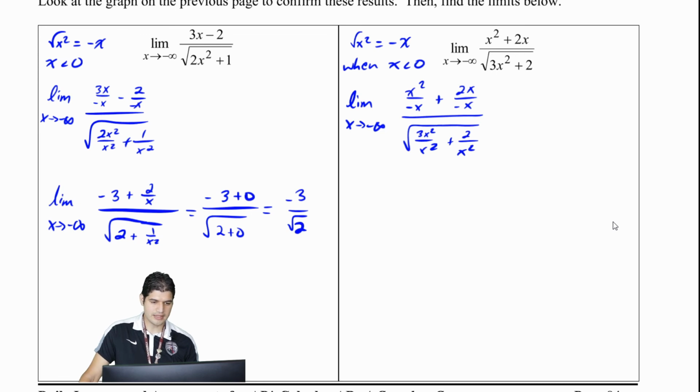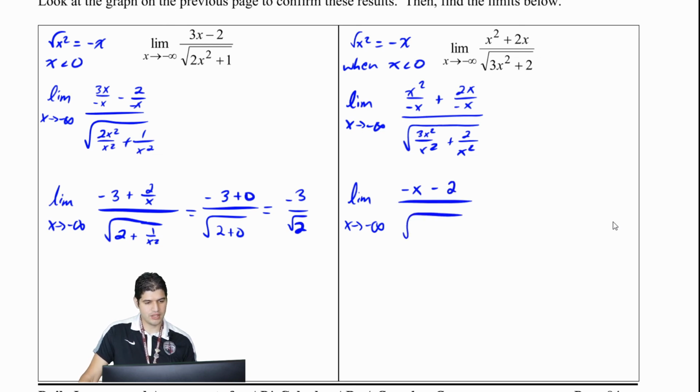Okay, so let's simplify. So the limit as x approaches negative infinity, I get negative x minus 2 over the square root of 3 plus 2 over x squared. So let's make my substitution with negative infinity.